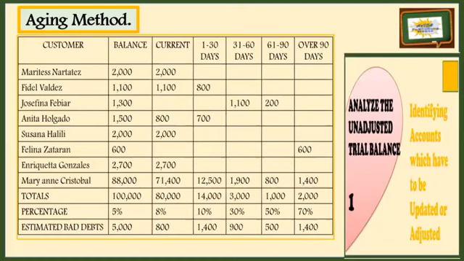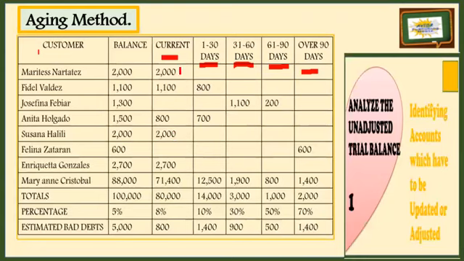Therefore, many businesses maintain an account receivable aging schedule. So this is an account receivable aging schedule. So this is current, 1 to 30 days past due, 31 to 60 days past due, 61 to 90 days past due, or past due over 90 days.